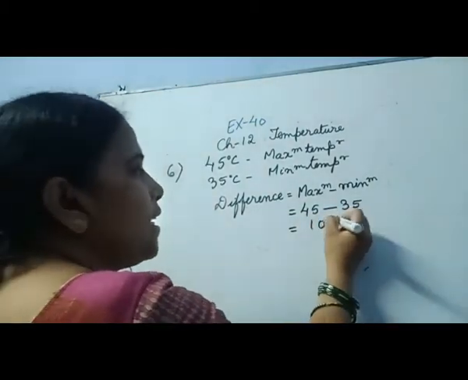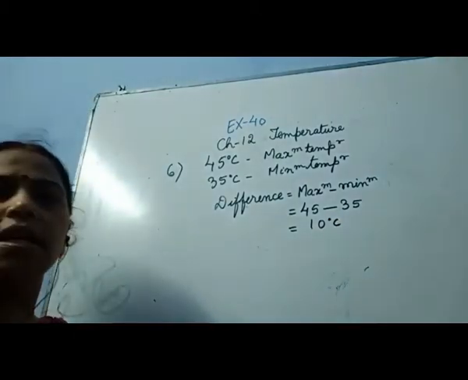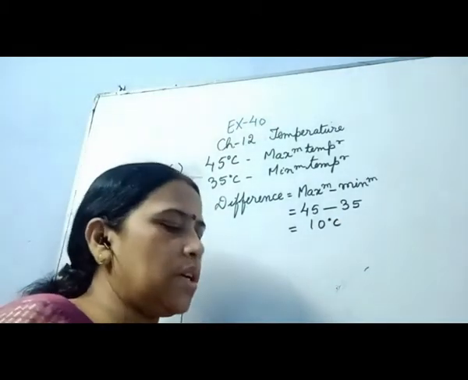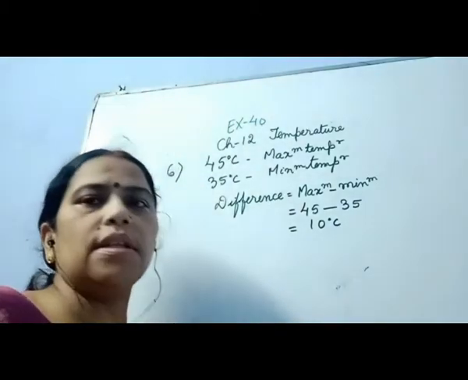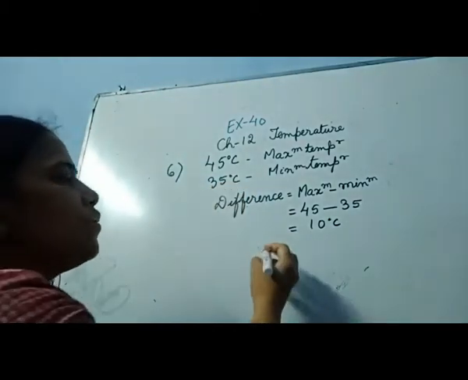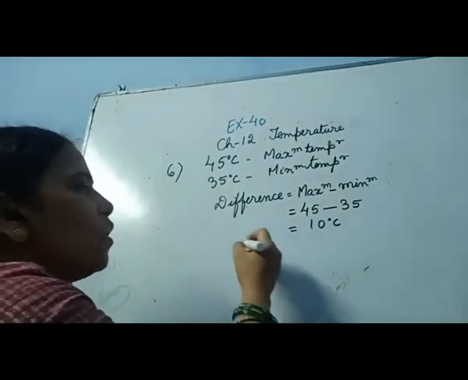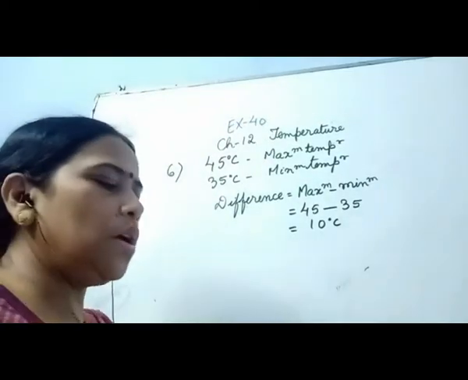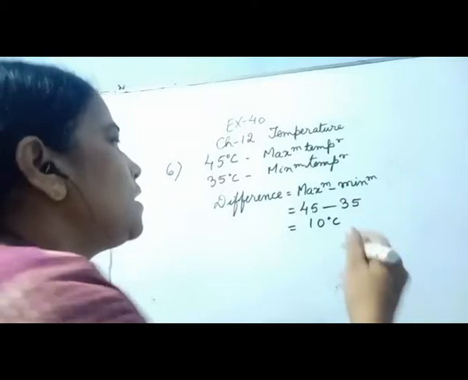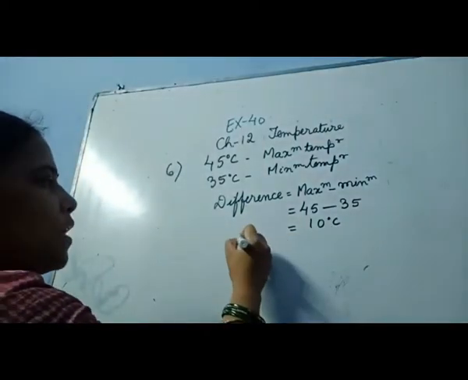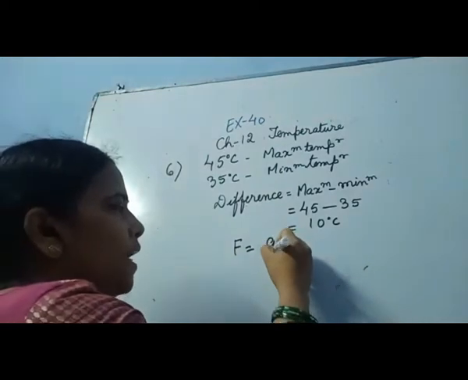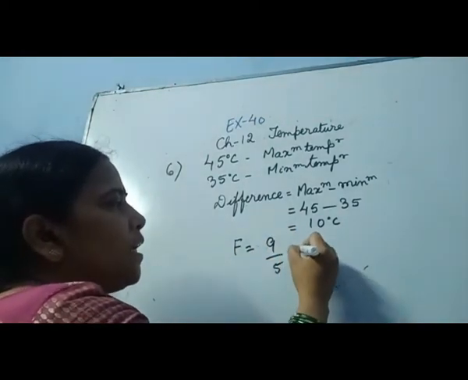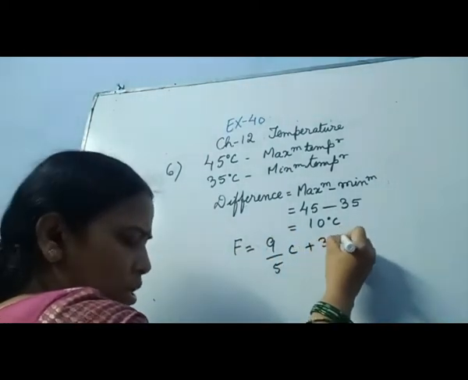10 degrees Celsius. Now this 10 degrees Celsius we have to convert into the Fahrenheit scale. We can use the formula which we have discussed. Celsius is given. To convert this, F is equal to 9 by 5 C plus 32.